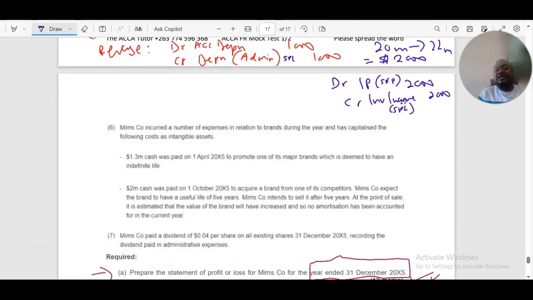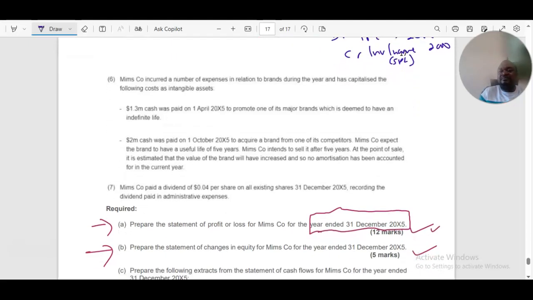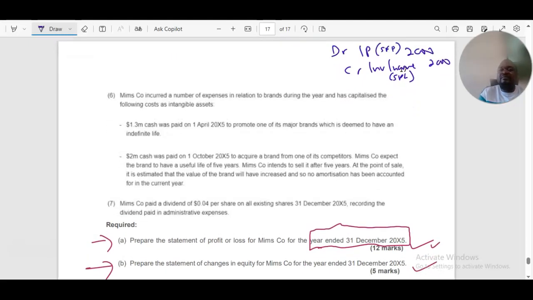Now, Mims Company, working number 6. Mims Company incurred a number of expenses in relation to brands during the year and has capitalized the following costs as intangible assets. So all these have been capitalized. Your work is to determine if the capitalization was correct. If it wasn't correct, you then state what was wrong and do the corrections.